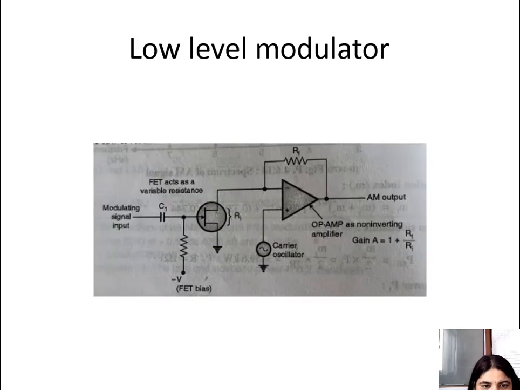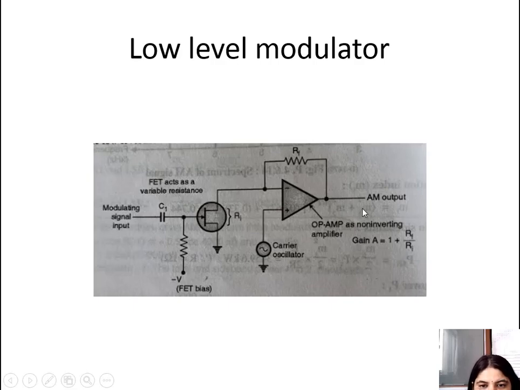This is the diagram of a low level modulator which uses the FET, field effect transistor, and an op-amp. Here the op-amp is connected as a non-inverting amplifier for the carrier signal, and the gain of this op-amp is 1 plus Rf upon Ri.